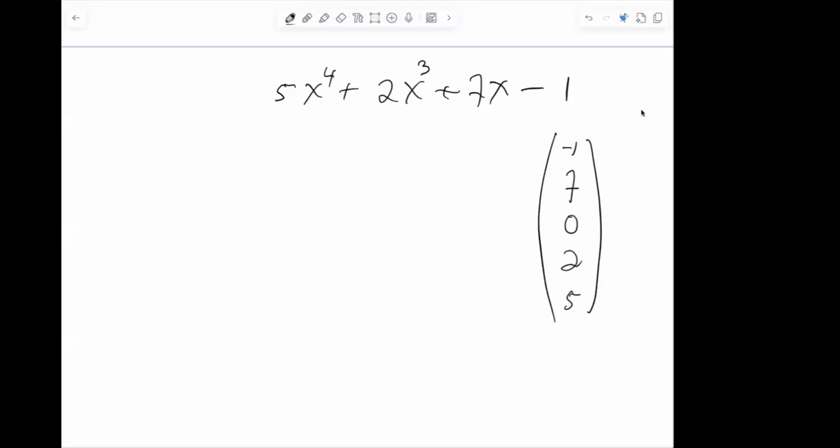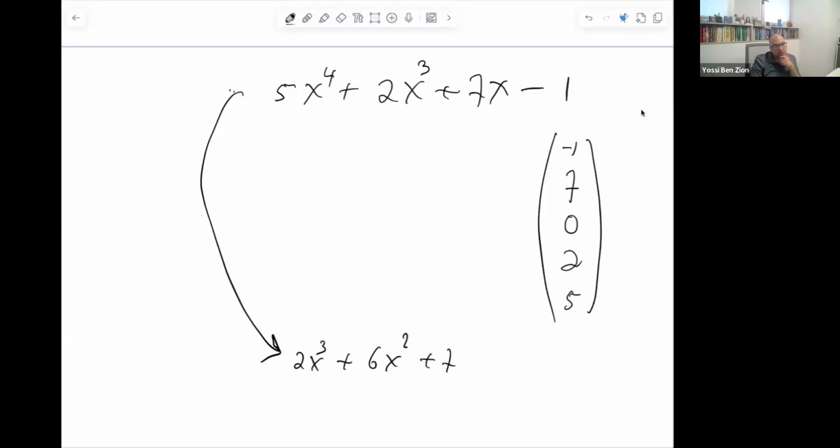We'll try to make the derivative of a polynomial. So let's look at this polynomial for a minute and help me derive it. Make a first derivative. So it's easy, right? It's 20x to the third plus 6x squared plus 7. Am I right? 20, Shuki. Sorry? 20.